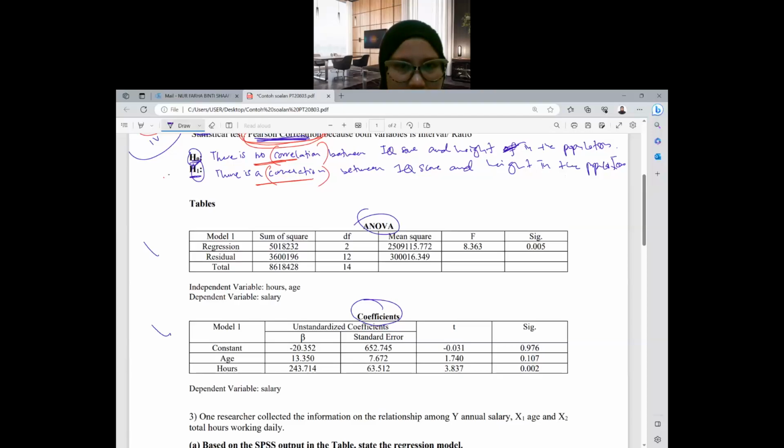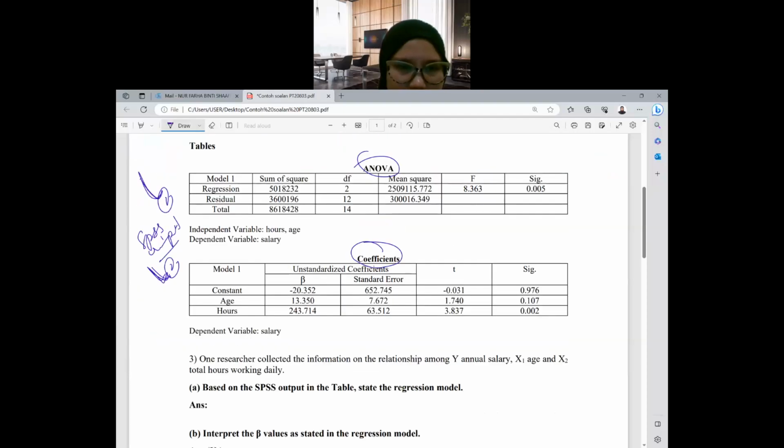This is the question that is already given to you. Maybe your final exam looks like this. They will give you a table, an SPSS analysis output table, and from the table, they ask you to solve the question. So the first table and second table are both from the SPSS output, and they ask you to answer some questions.